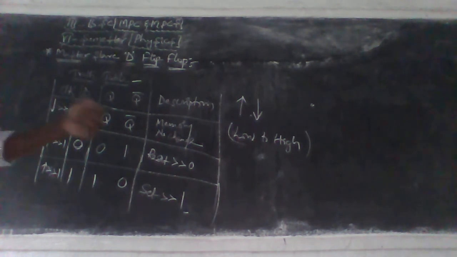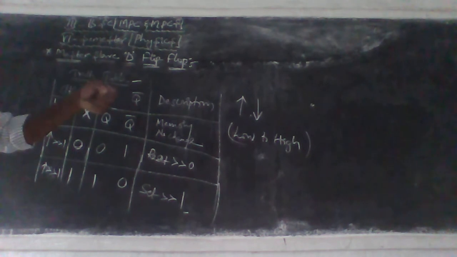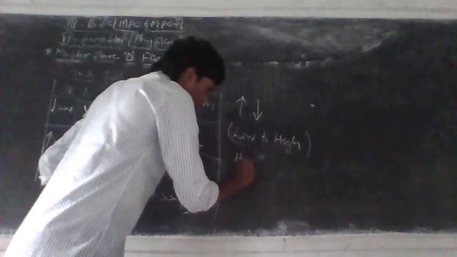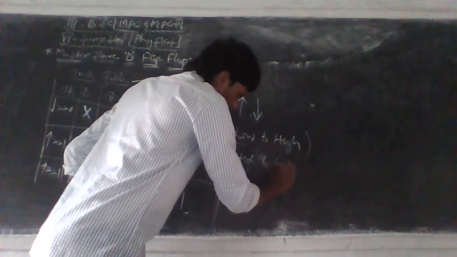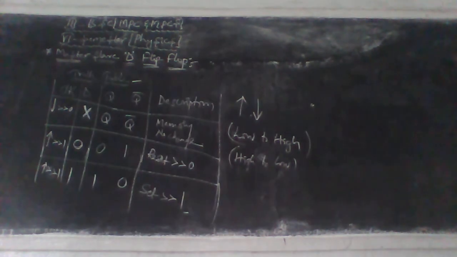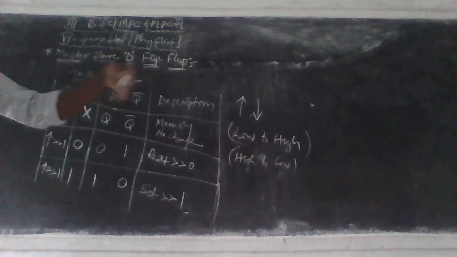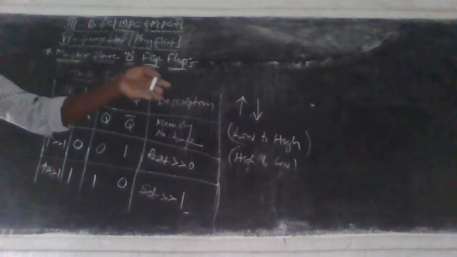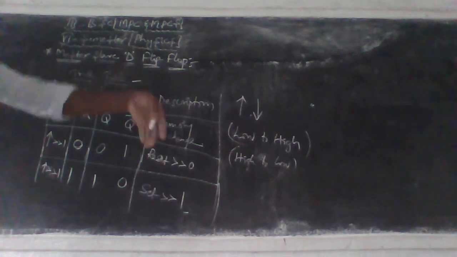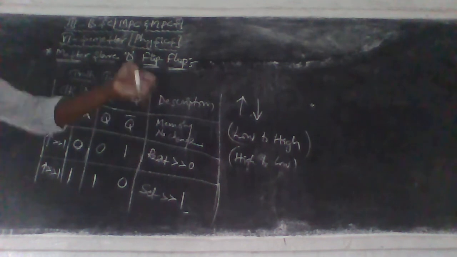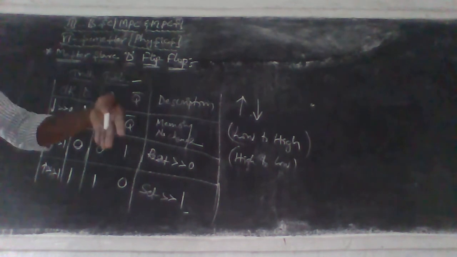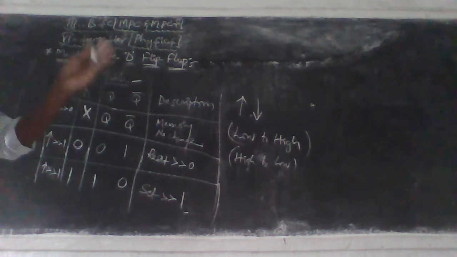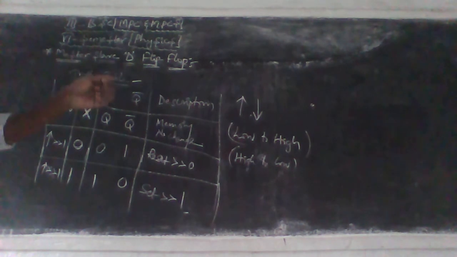On the trailing edge of the clock signal, high to low, the second slave stage is activated, latching the output from the first master circuit, so the output stage appears to be triggered on the negative edge of the clock pulse. The master slave D flip-flop can be constructed by cascading two latches with opposite clock phases.